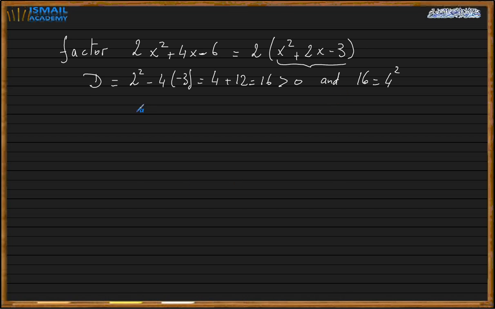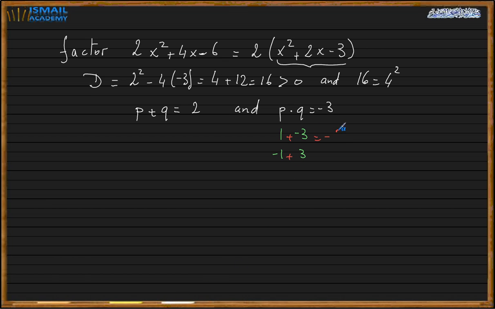So I'm going to look for p plus q equal 2 and p times q equal minus 3. The two numbers that multiply to give minus 3 are 1 and minus 3, and minus 1 and 3. That's the only two. So what I do now, I add and see which one gives me 2.